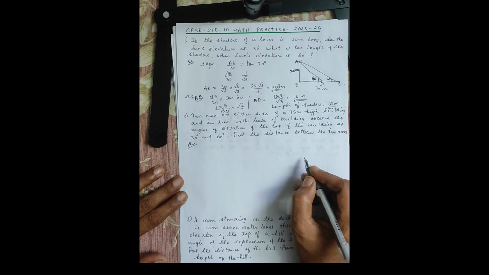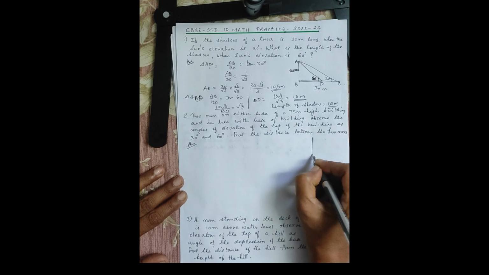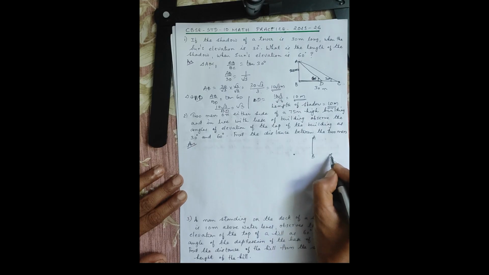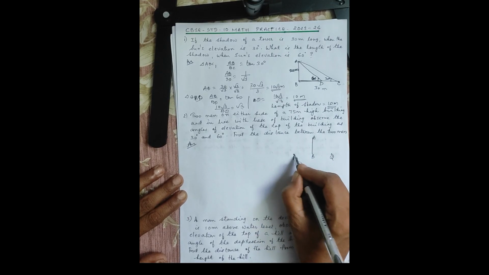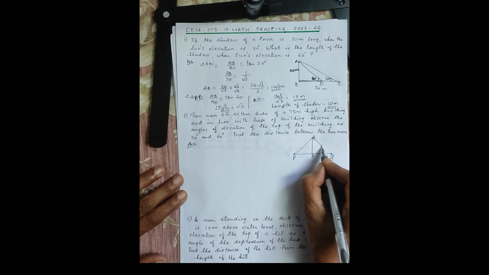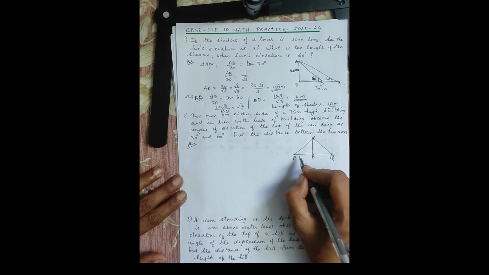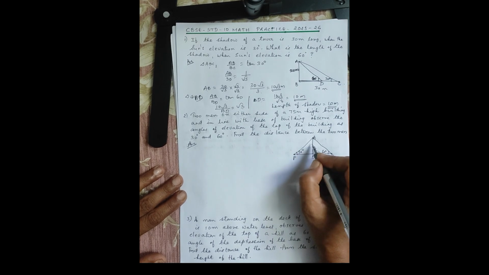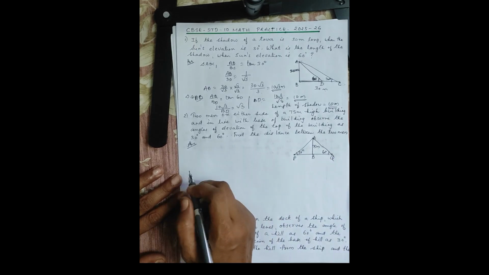AB is the building, and the two men are P and Q. So we can make two triangles. This is 30 degrees and here it is 60 degrees, and the building is 75 meters high, as given.